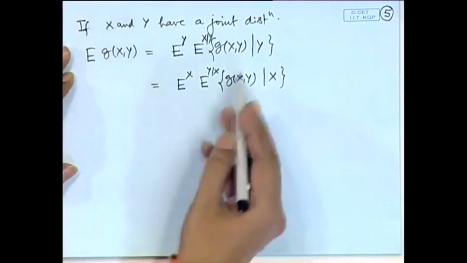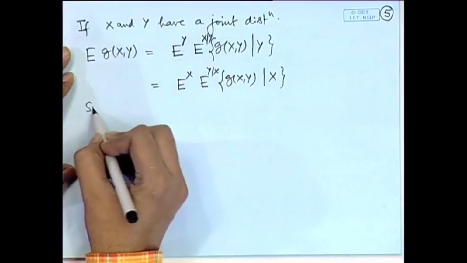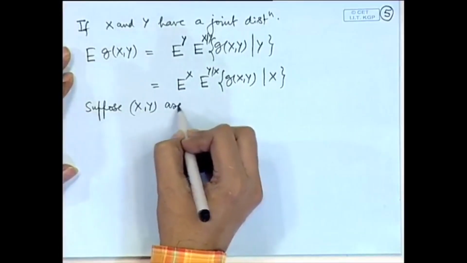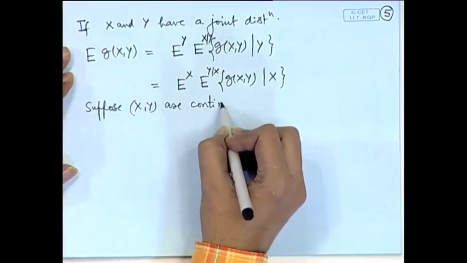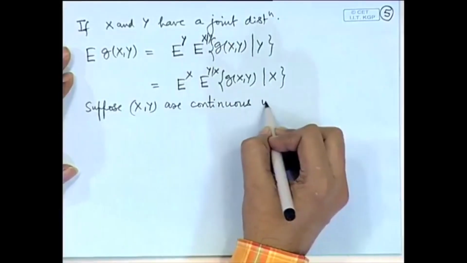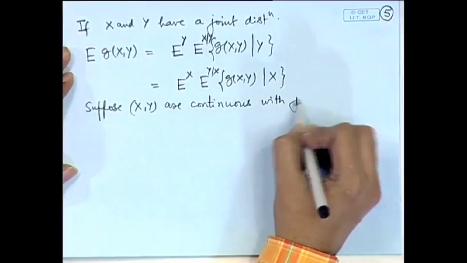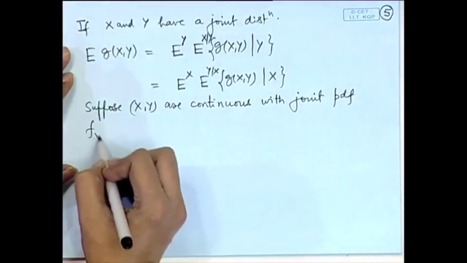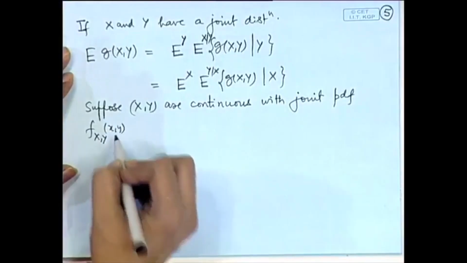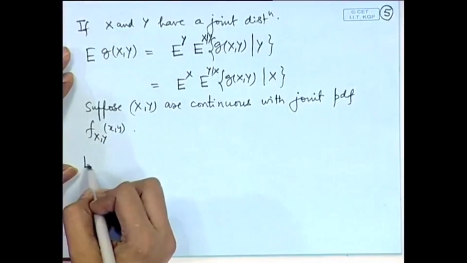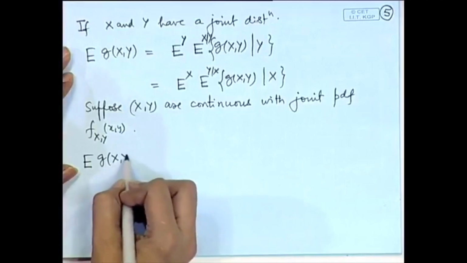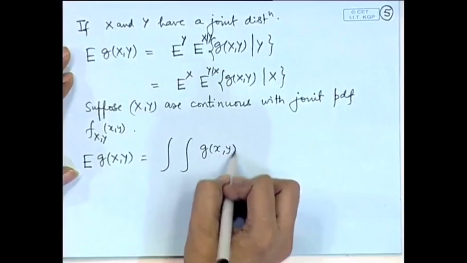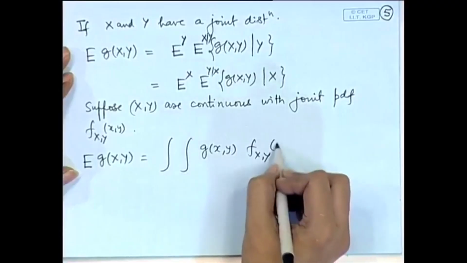Let me give a rough sketch of the proof. Suppose x and y are continuous with joint PDF say f(x, y). So, expectation of g(x, y) we can express as the integral of g(x, y) f(x, y) dx dy.